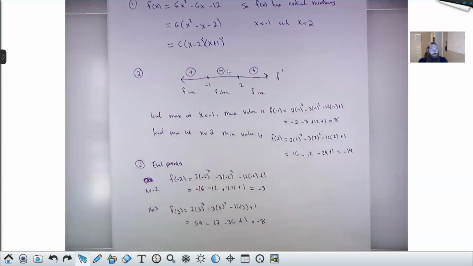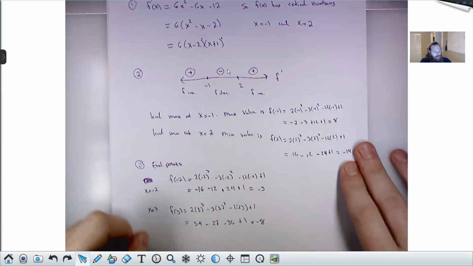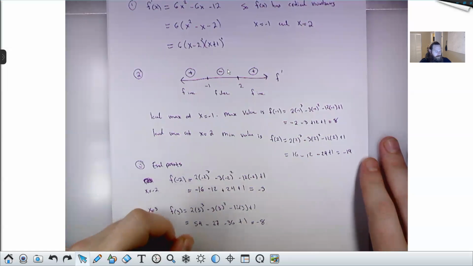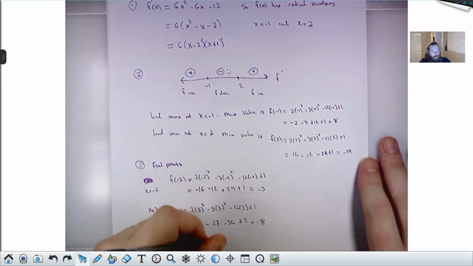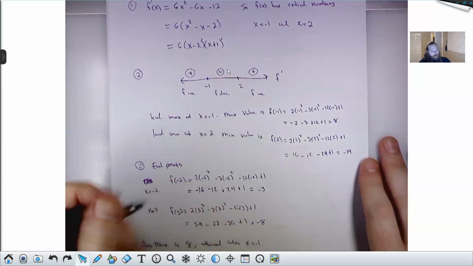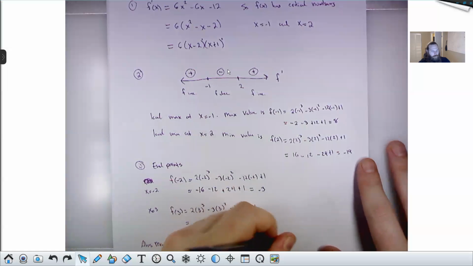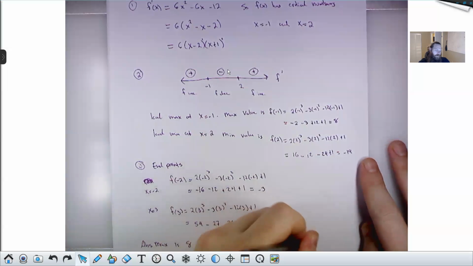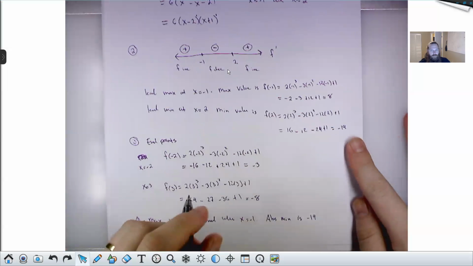So this function's absolute max is 8, and that's attained when x equals -1. The absolute min is -19.